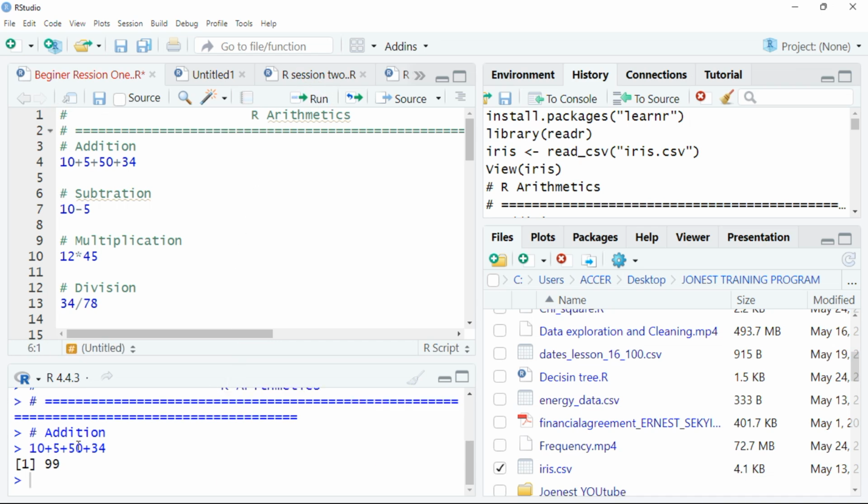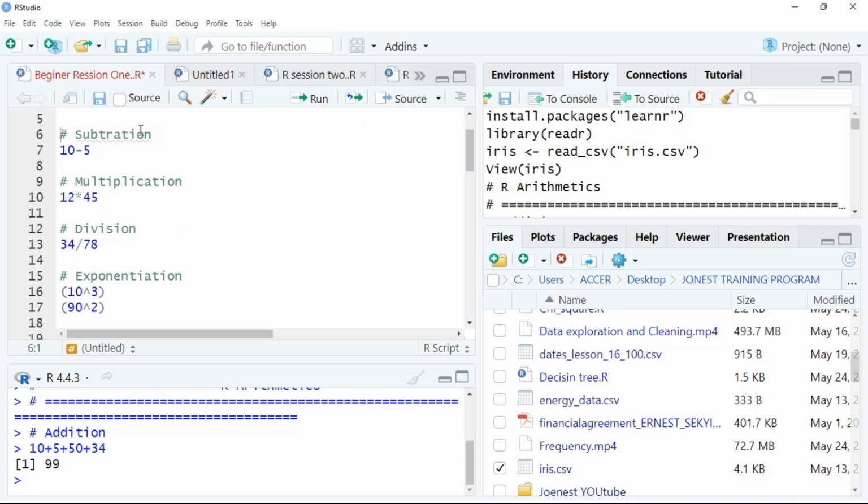Once you run, the total answer for the numbers you want to add will come here. So 10 plus 5 is 15, 15 plus 50 is 65, and then 65 plus 34 is 99. As you can see, R has added nicely for us.